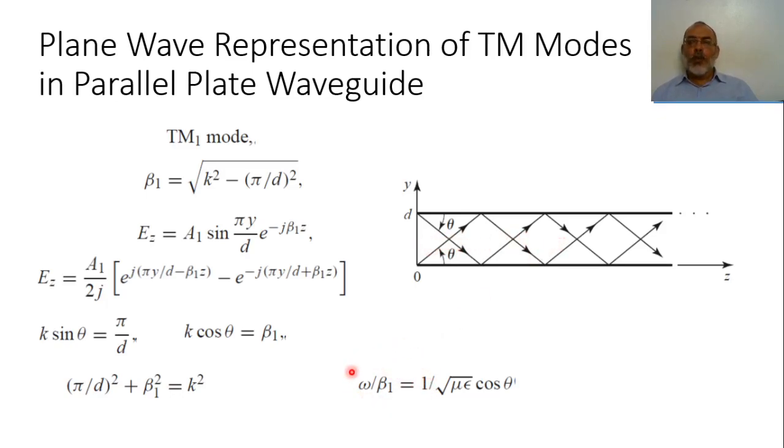That's why omega over β1 would be 1 over the square root of mu epsilon cosine theta. So the propagation along the z direction, which corresponds to the phase velocity of the TM mode, is greater than the velocity of light inside the medium, which is 1 over the square root of mu epsilon. Alright? Okay.